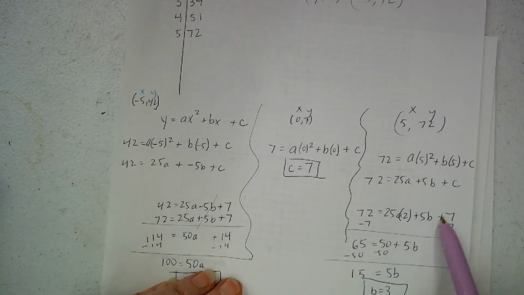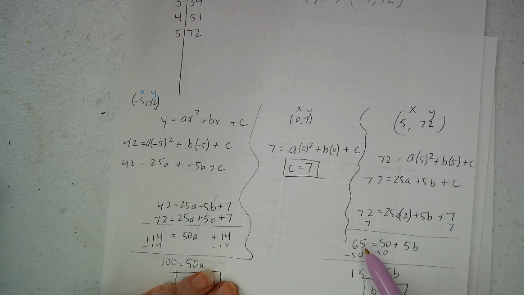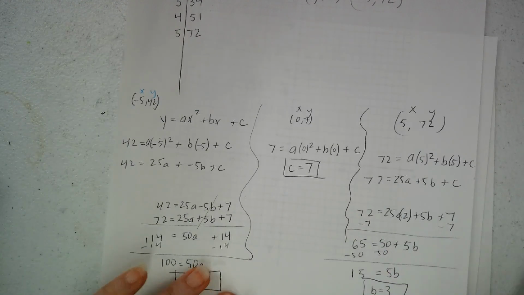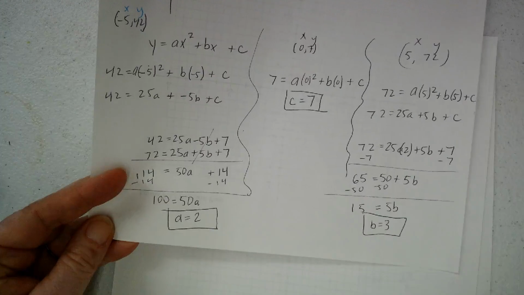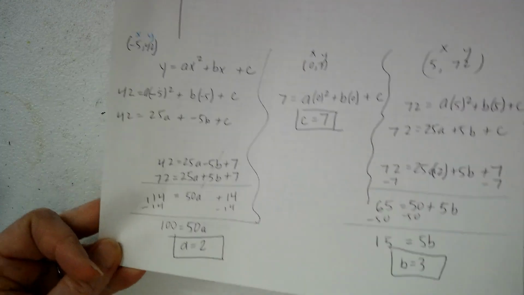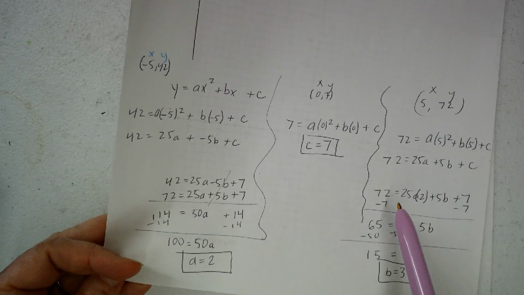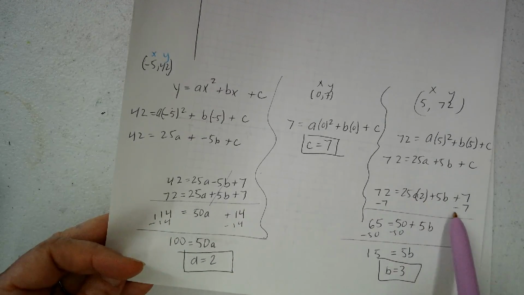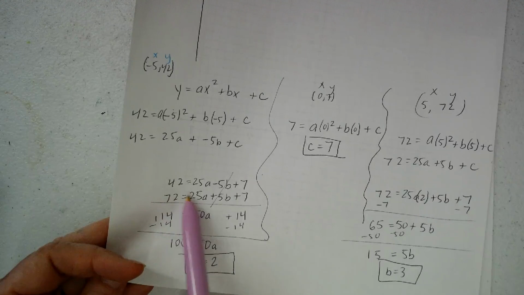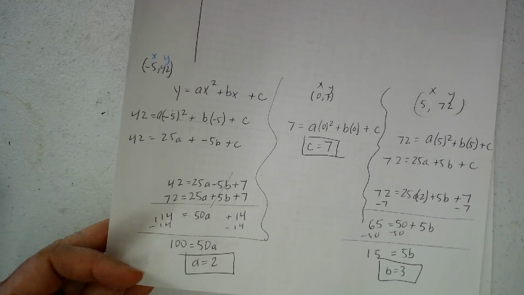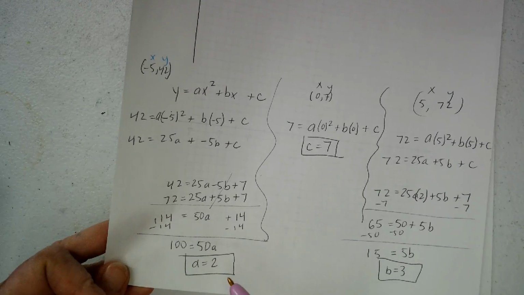And so I cleaned this thing up. I took this one right here and I wrote it underneath the first one that I got, and I did elimination on it. That's when you add them together.